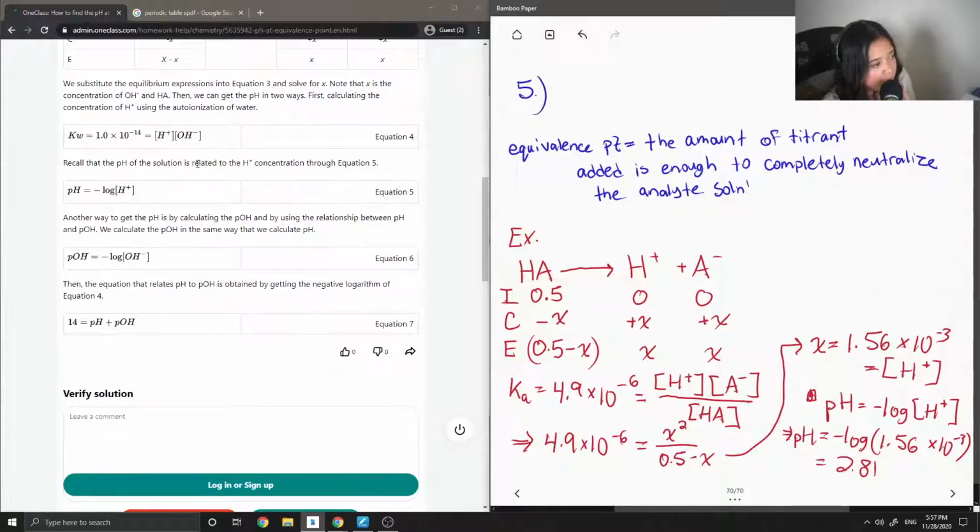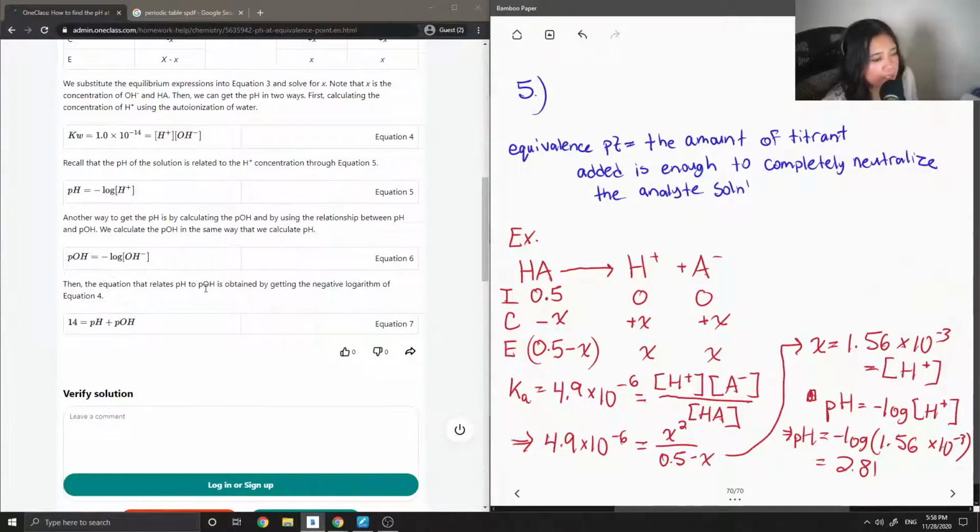Recall that the pH of solution is related to the H plus concentration through equation 5. So pH is equal to negative log of H plus. Another way to get the pH is by calculating the pOH and by using the relationship between pH and pOH. We calculate the pOH in the same way that we calculate pH.